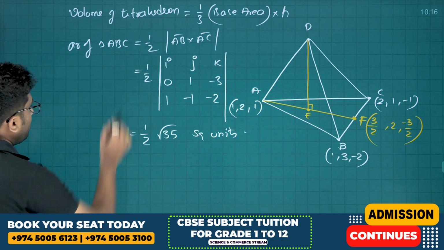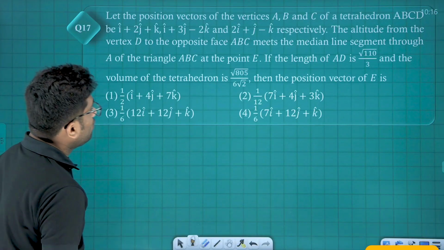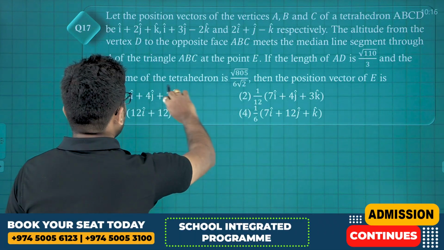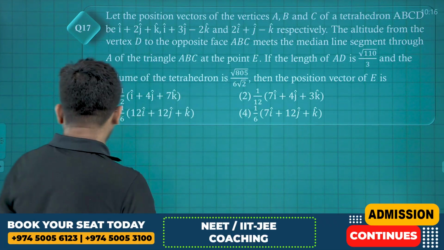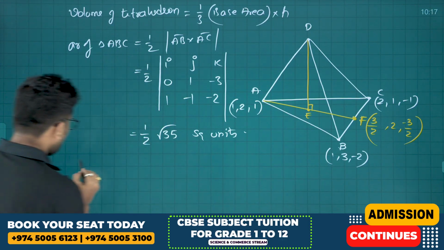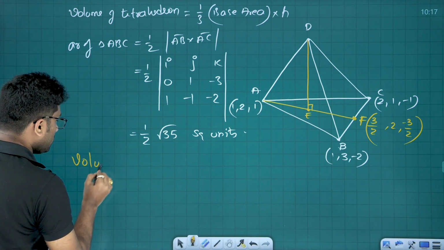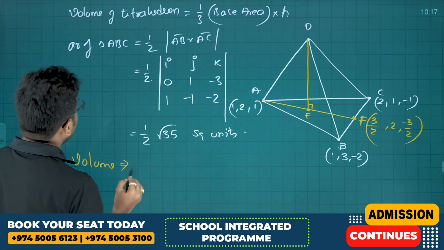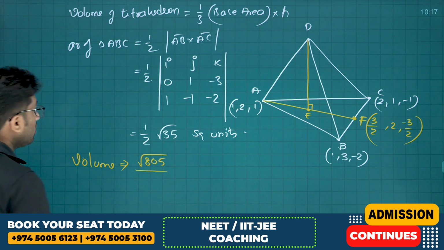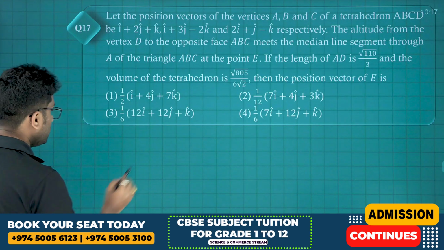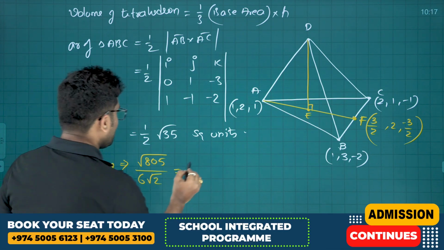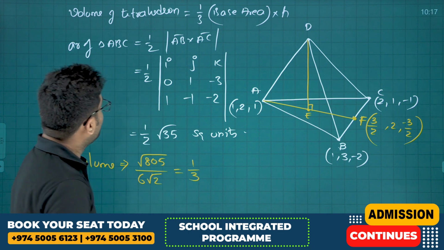Now the volume of the tetrahedron they have also given: root 805 by 6 root 2. So this volume, root 805 by 6 root 2, is equal to 1 by 3 times the base area.